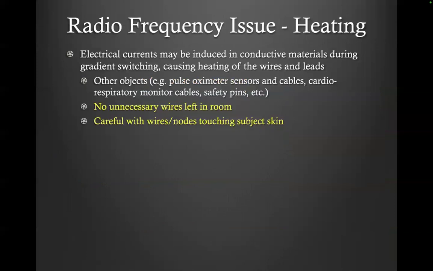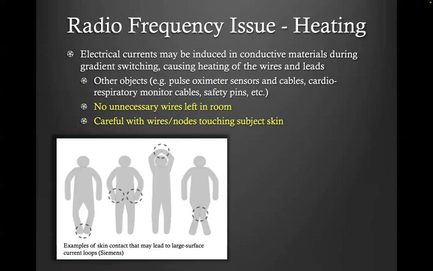Electrical currents may also be induced in conductive materials during gradient switching, causing heating of the wires and leads. So other objects and any unnecessary wires should not be left in the room. You also need to be careful with wires and nodes touching the subject's skin. Also, the human body is conductive.